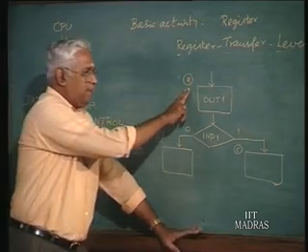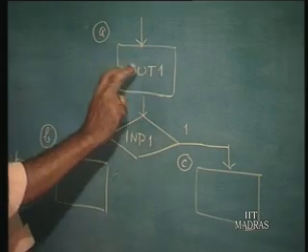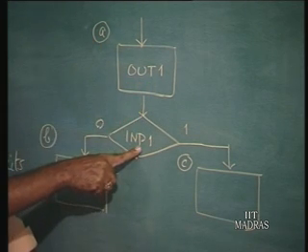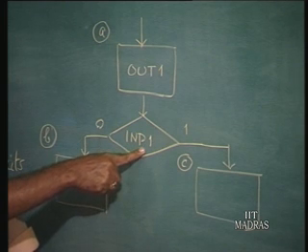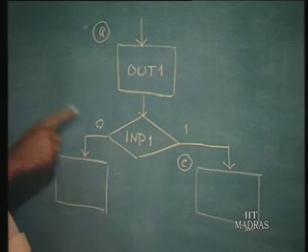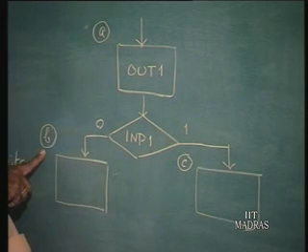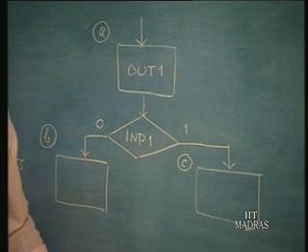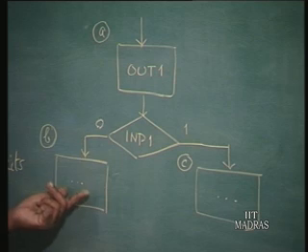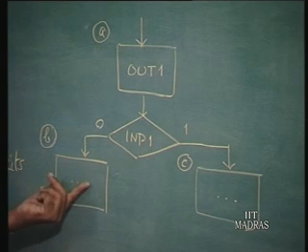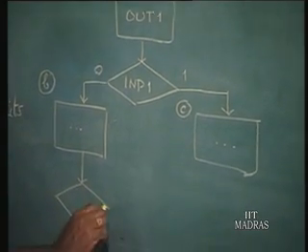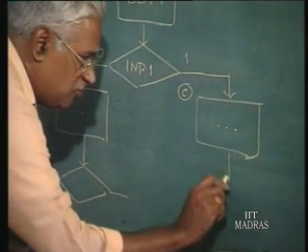For the present state A, the machine generates an output 1, and in that state it checks for an input, and depending on that particular input being false or true, the false next state is B, and the true next state is C. And again, in the next state we talk about, as we did here, what is the output and what inputs it checks, and so on and so forth.